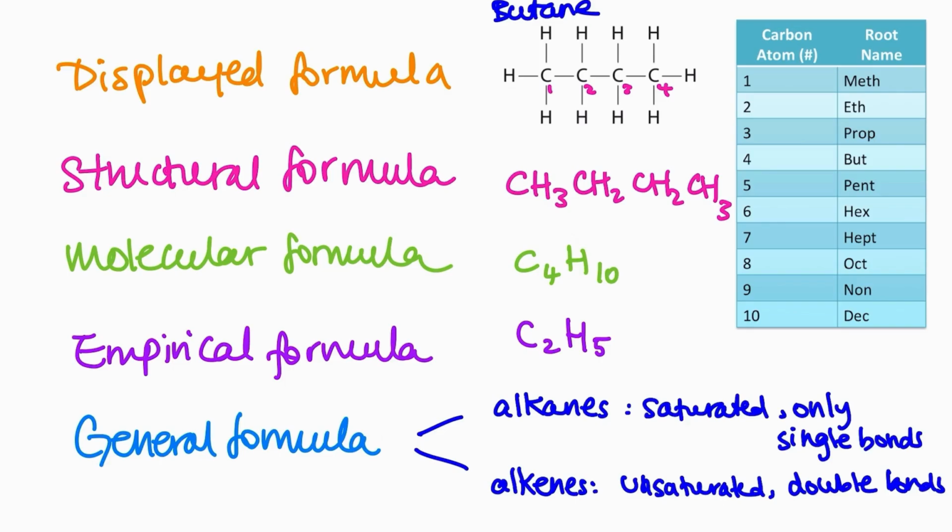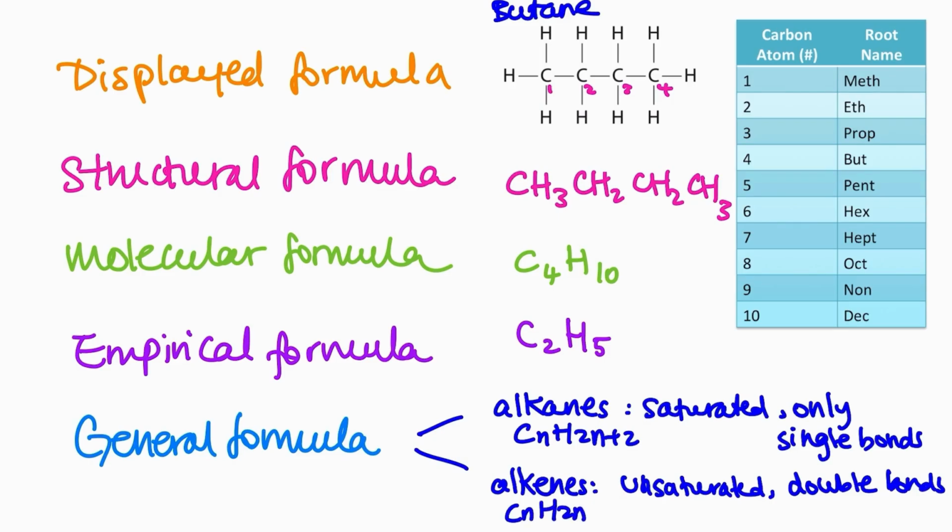That's the empirical formula. And then finally, for general formula at IGCSE, you just need to know the general formula for alkanes and alkenes. And this one is an alkane because it's saturated, as we just said. So for alkanes, the general formula is CnH2n+2. And alkenes is CnH2n.